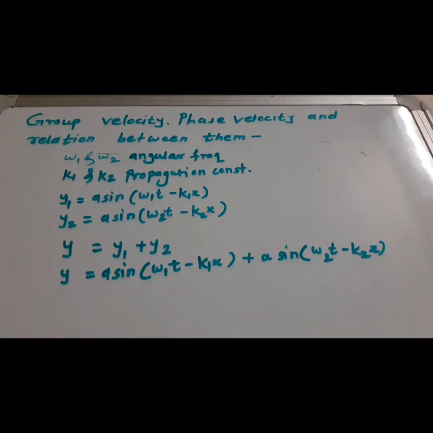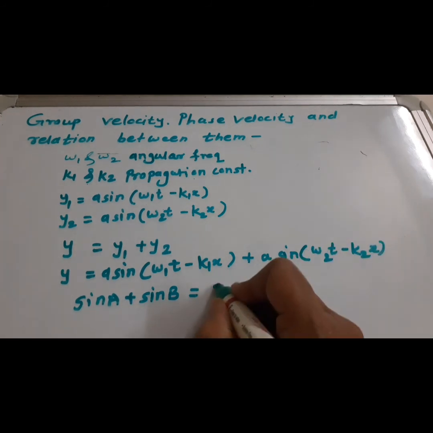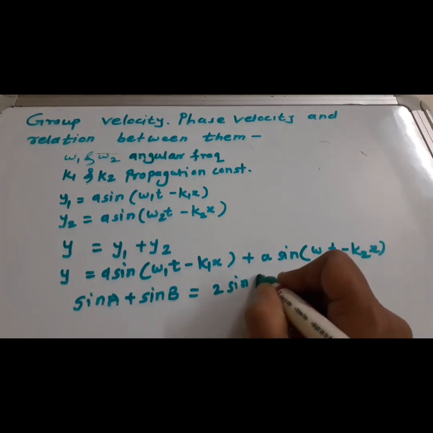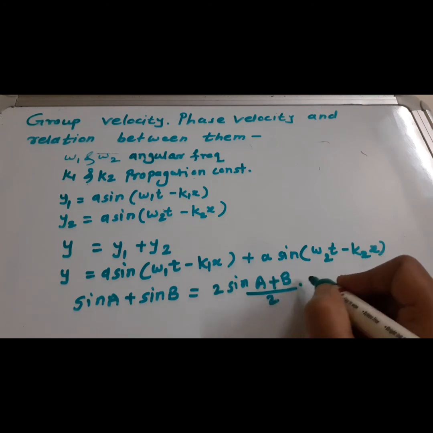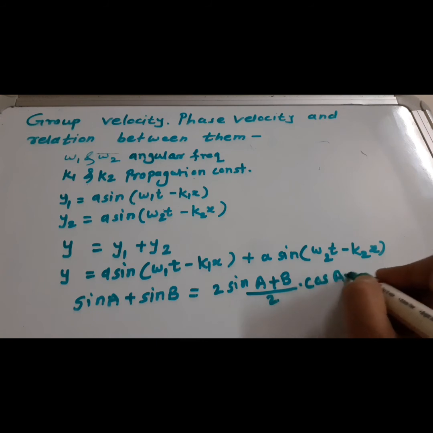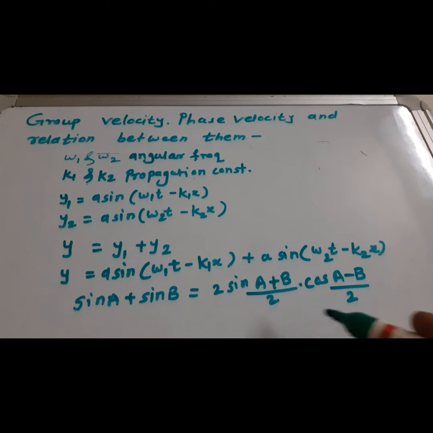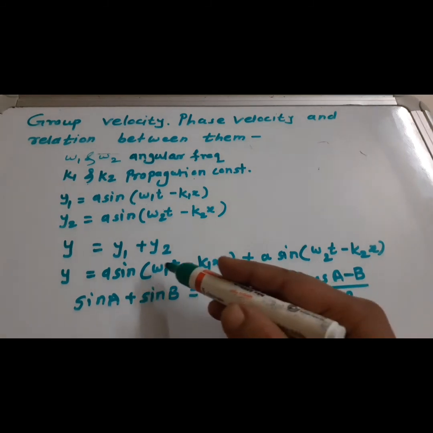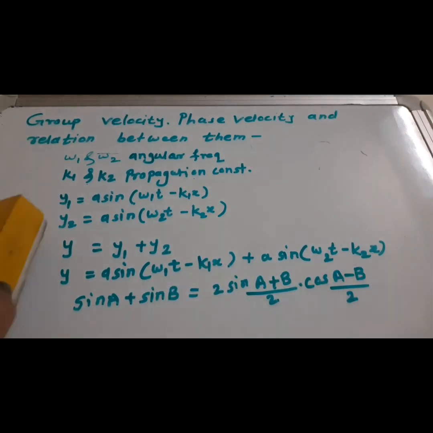Then we know the mathematical identity: sin A plus sin B is equal to 2 sin((A plus B)/2) cos((A minus B)/2).